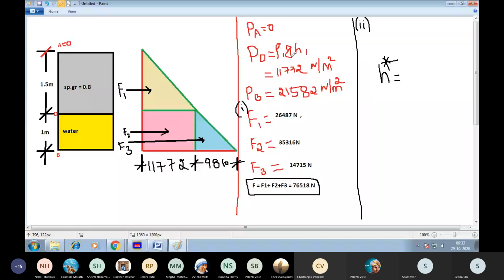How are we going to write the equation here? F into H star is equal to F1 into how much?